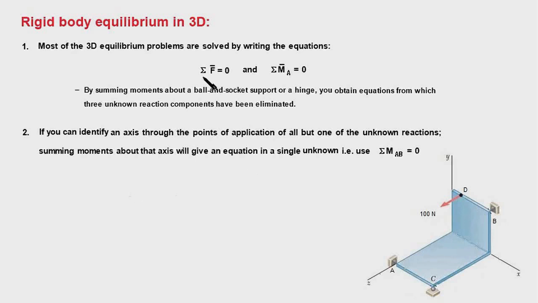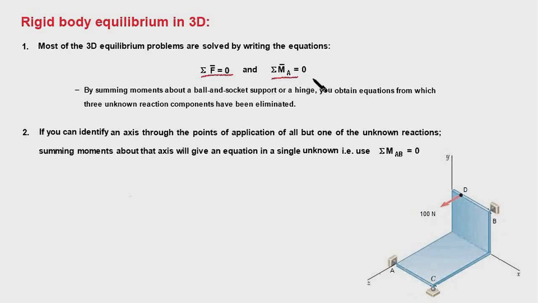In the previous problem, we implemented these two equilibrium conditions. We wrote the equation sigma F equal to 0 and sigma M_A equal to 0. That is, we computed moment of all the forces about a point A, and we chose point A so as to eliminate maximum number of unknowns.